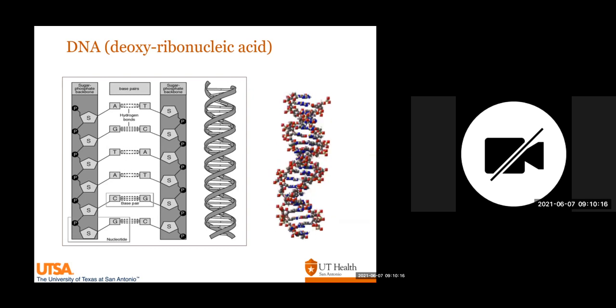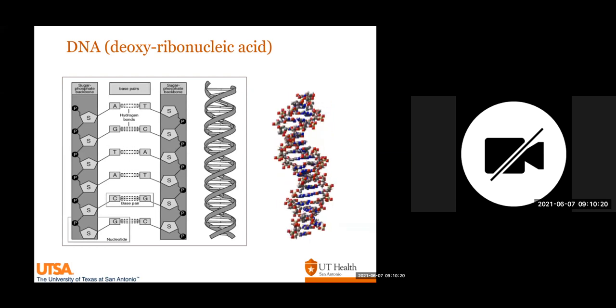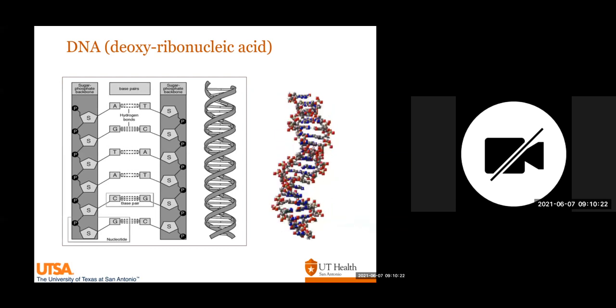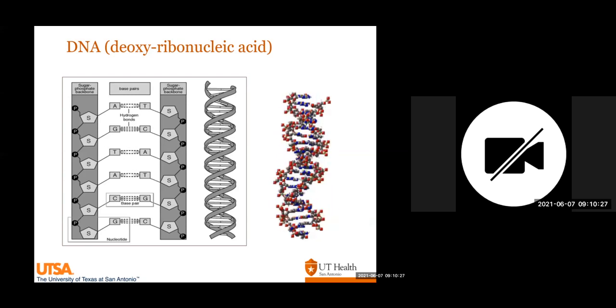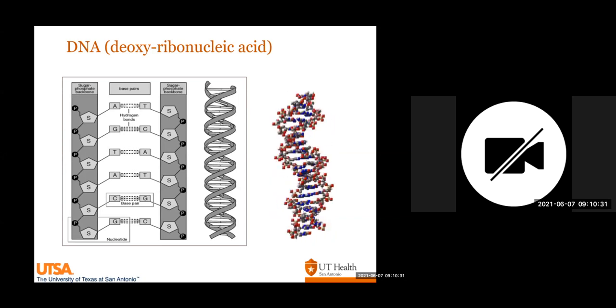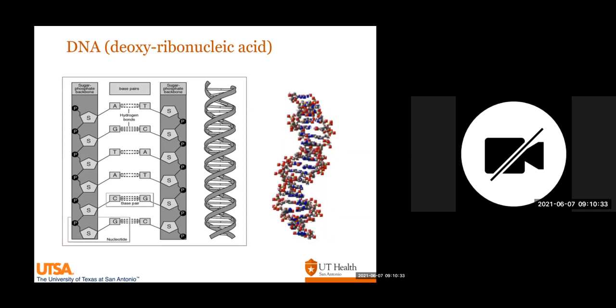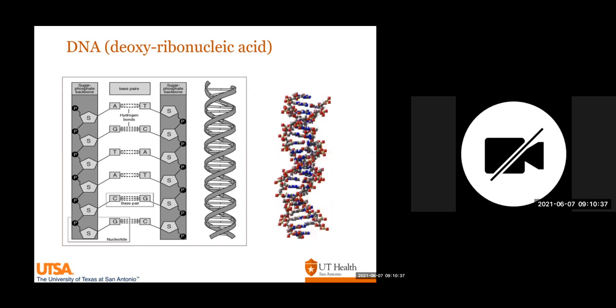That makes us different in our height, in our characteristics, in how we look. And if our genetic information is mutated, that will impact the type of proteins that are produced, and eventually that could lead to disease.